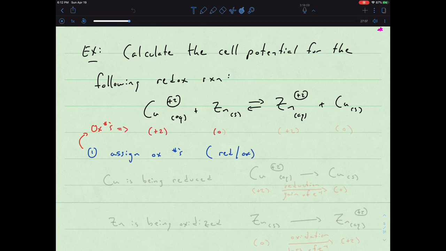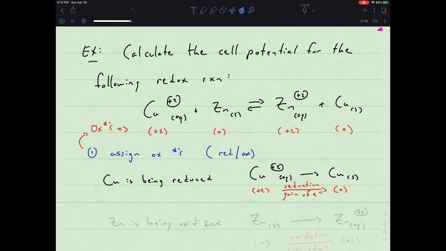And hopefully we're getting good at this. We see here that the copper is being reduced, going from the +2 oxidation state to the 0 oxidation state. So there's our reduction, or gain, of electrons.